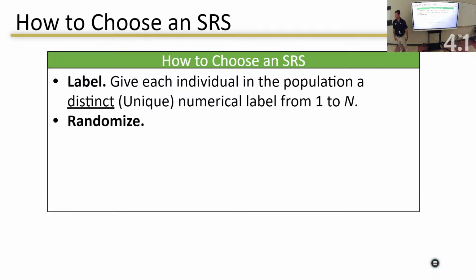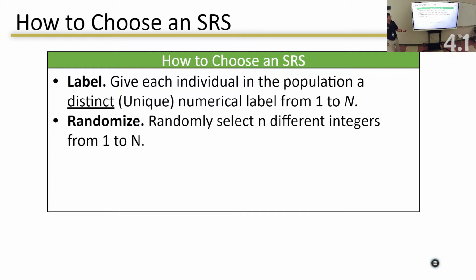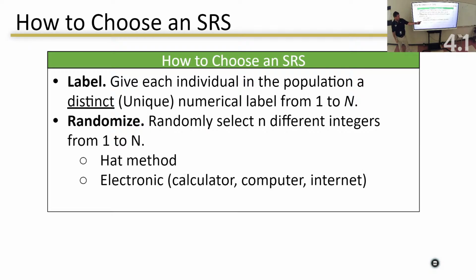And then you have to randomize somehow. Use your calculator, use your computer, use the hat, use the random digit table, that Table 5 that I mentioned we probably are going to use today. You have to randomize it somehow. So that's the hat method, the electronic method, or the random digit chart.